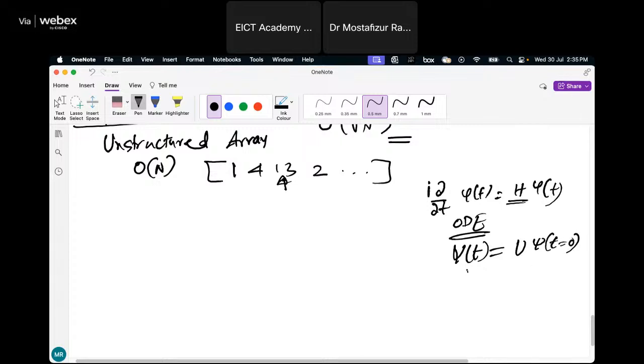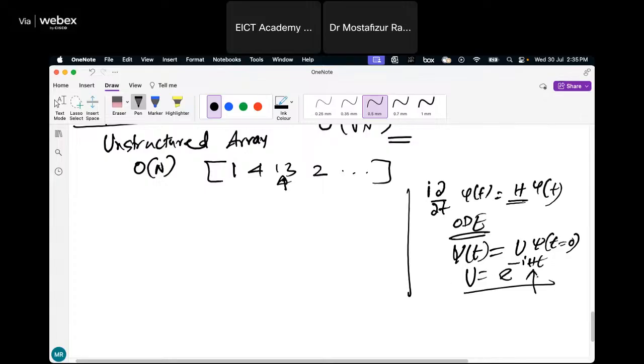And this U equals e to the power minus iHt. This comes directly from solving the Schrodinger equation. So if you want to study the time evolution of a certain wave function, you need to understand how the evolution matrix, e to the power minus iHt, works.